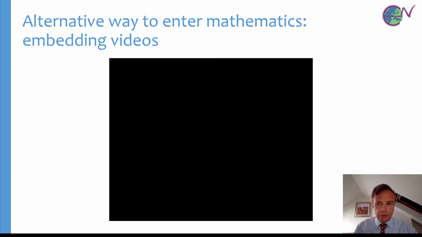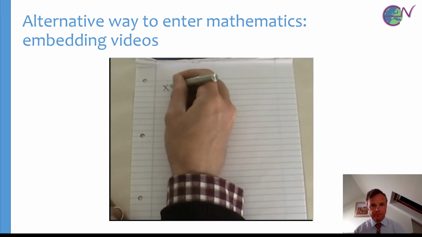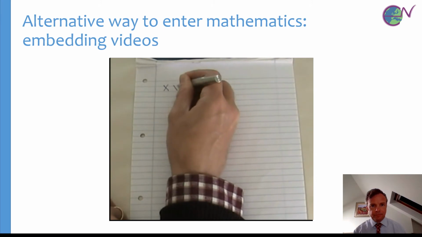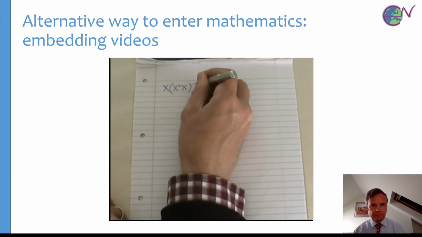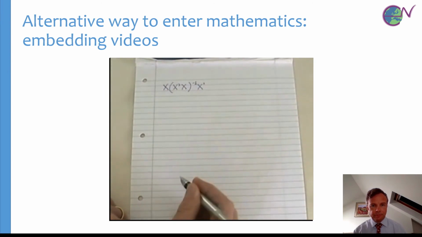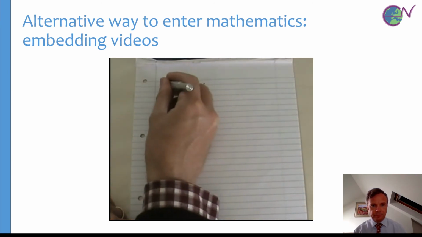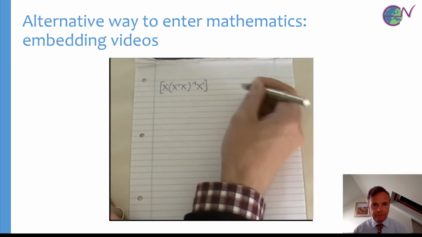Here is an example. Consider the matrix X, the inverse of x prime x multiplied by x prime. What happens if we multiply this matrix by itself?